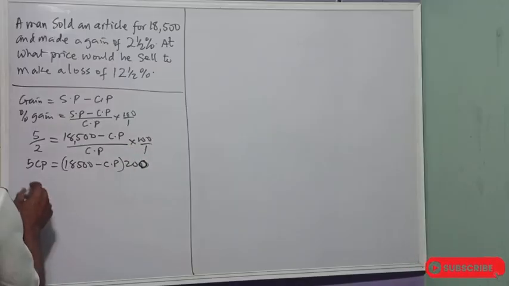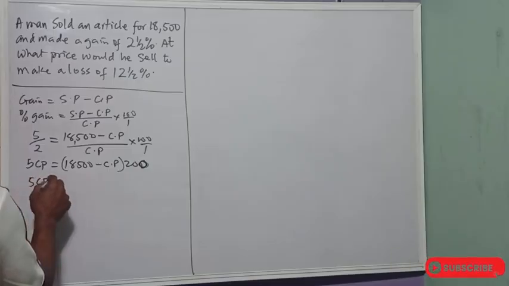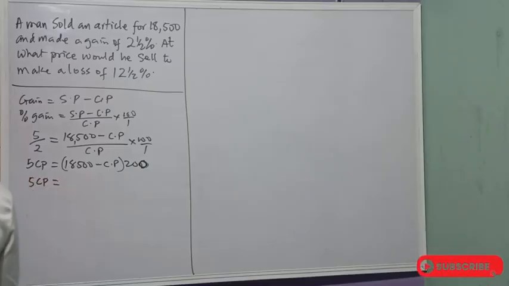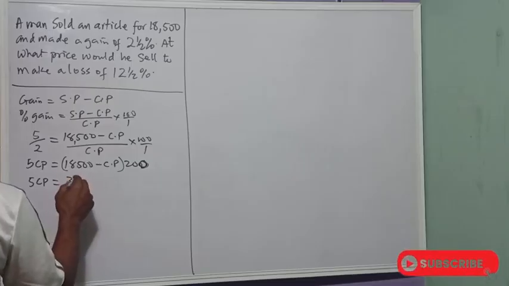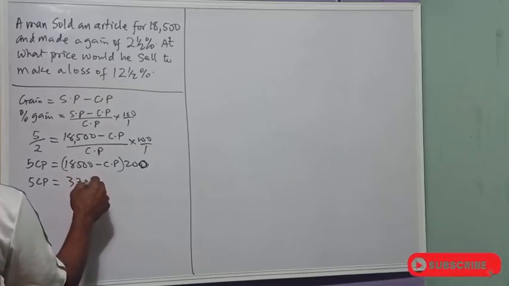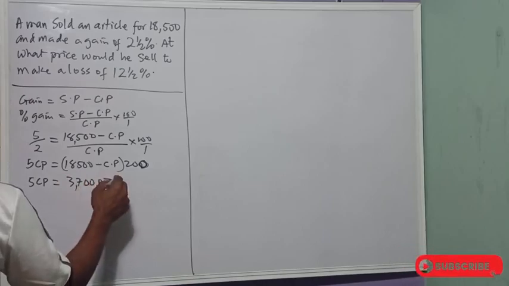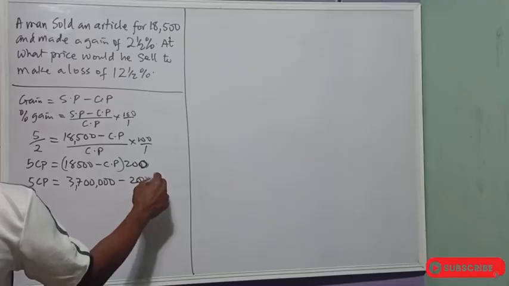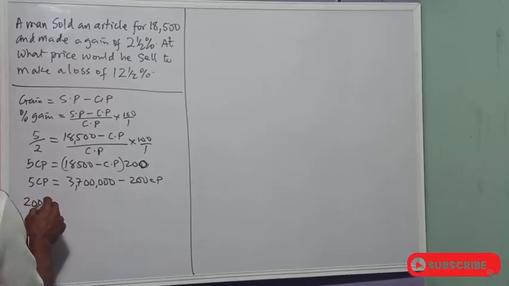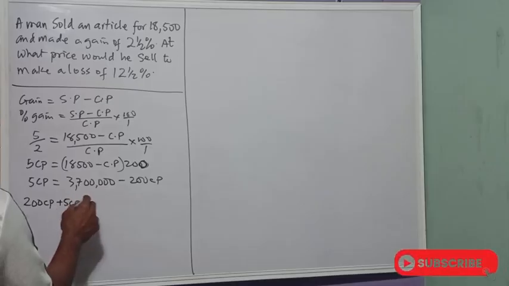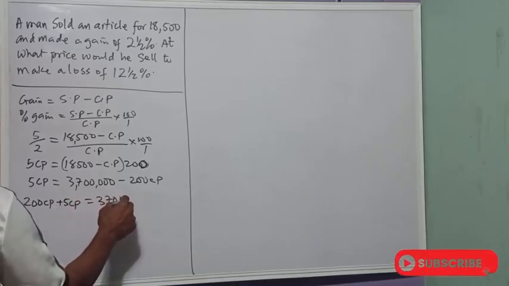Okay, so this will give us 5CP equals 18,500 times 200. 18,500 times 200 gives us 3700000 minus 200 CP. Okay, so this going over will give us 200 CP plus 5 CP equals 3700000.